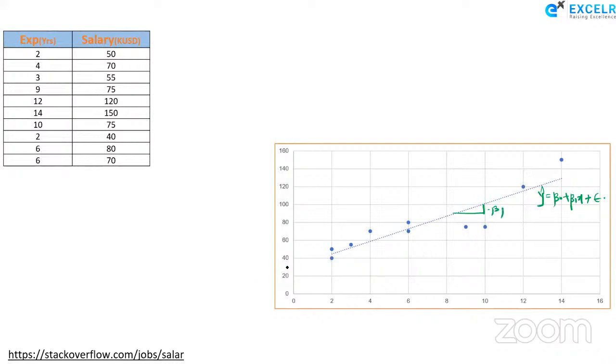And wherever this line intercepts your y-axis, that is your beta naught, also called your C. Now the terminology is clear, everyone? Beta naught and beta 1 are nothing but your replacements for M and C.